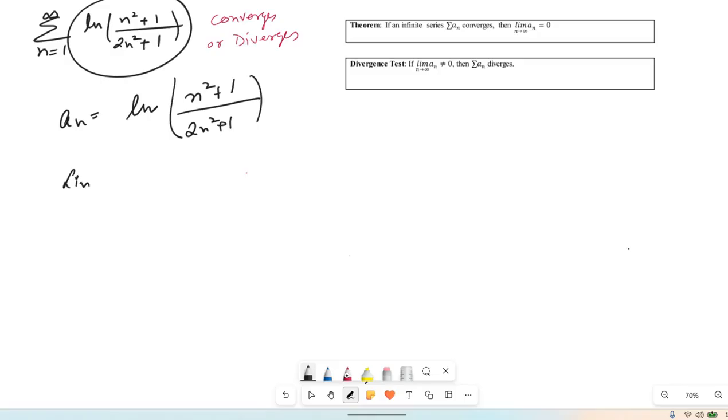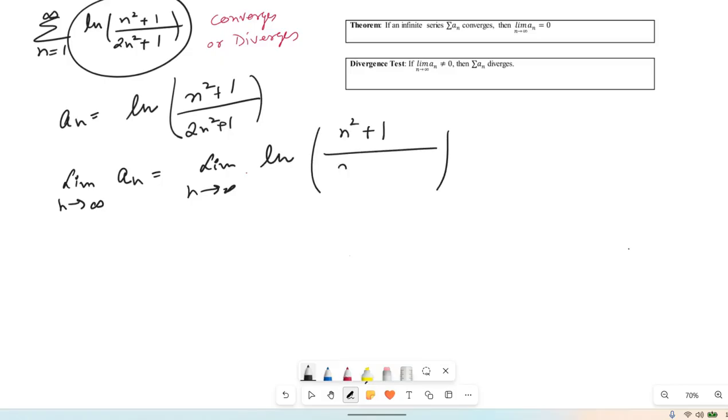Let's see if we can find the limit as n approaches infinity of the general term. The log is a continuous function, so we can actually find the limit inside first.